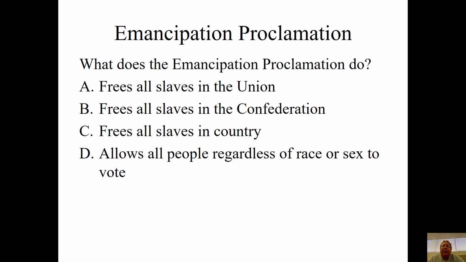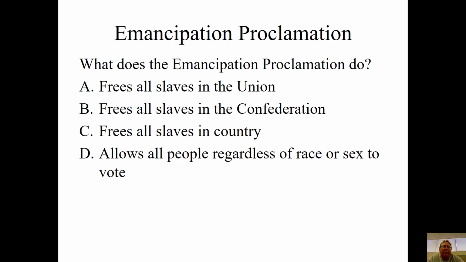He issues a thing called the Emancipation Proclamation. Just a few days after the battle, the news of the battle goes out, Lincoln dusts off something that he's written months earlier, that members of his cabinet know he's been waiting to do. He says that he's going to emancipate people, right?